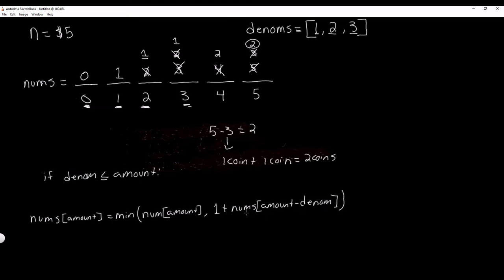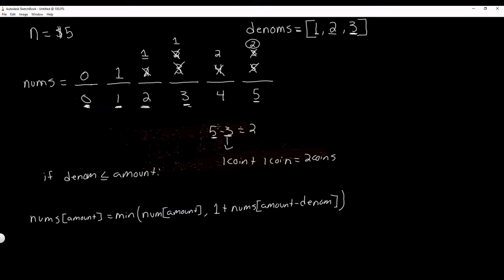And if this doesn't make sense to you, we're doing just as we have been doing before. So take for example our last problem. We were on the coin denomination of $3, which is right here. And we were on index 5, which represents $5.